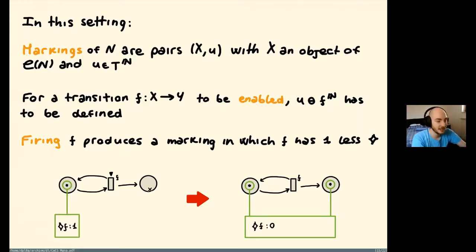For example, in this picture, F has 1 mana, and upon firing, it consumes the only mana it had left. And even though it is still enabled in its underlying net, this transition cannot fire anymore because it has no mana left.